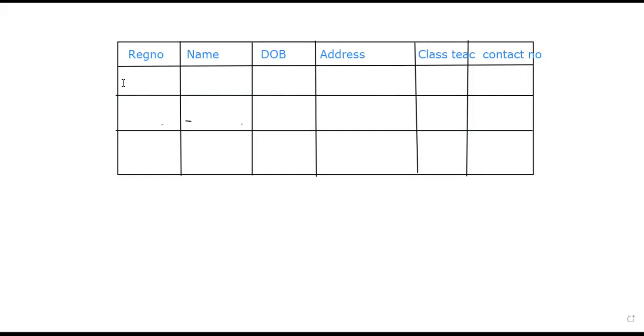So for the registered number, let me give it as 2000, right? Then the name, let us say the name as Sunil, right? And the date of birth, the 30th October 2005. And let us say the address, 115, Martha, something like that, okay?